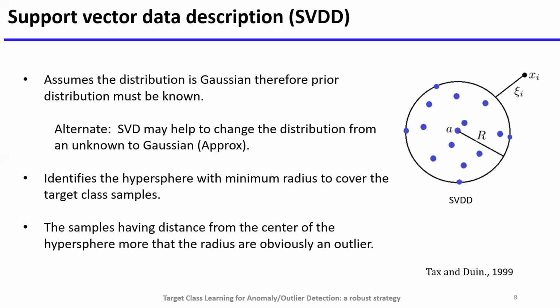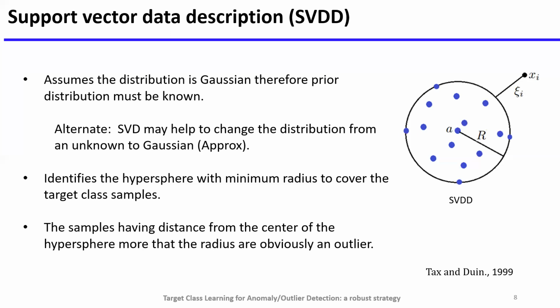Coming to the support vector data description, it was developed in 1999, and to date, people are trying to extend it for a more robust learning model when only the data samples are available during training. Initially no assumption is required, but sometimes it must be assumed that the distribution of the target class is Gaussian.